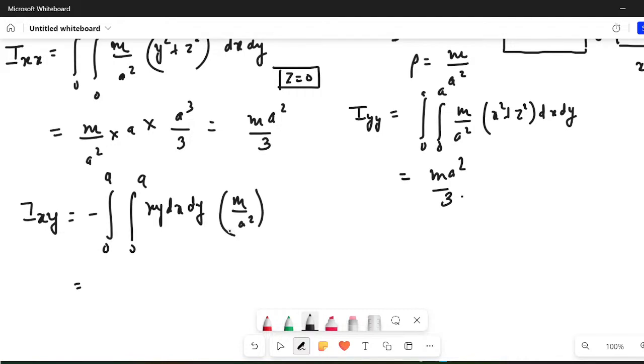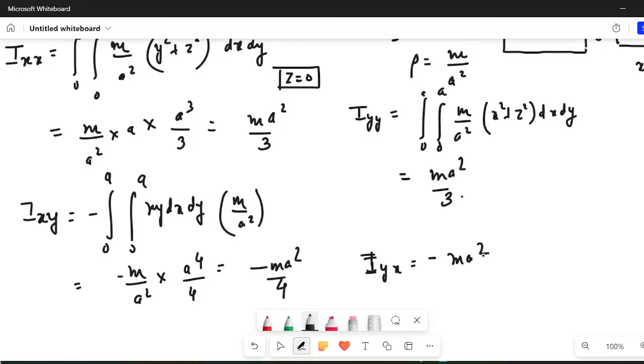So if you compute this, x square by 2 and then y square by 2, you are going to get m upon a square into a raised to power 4 upon 4, and a negative sign, so you will get minus m a square upon 4. And similarly, what would be Iyx? I think you can find it on your own. Iyx would again be minus m a square upon 4 only. This is something that I'm leaving up to you.